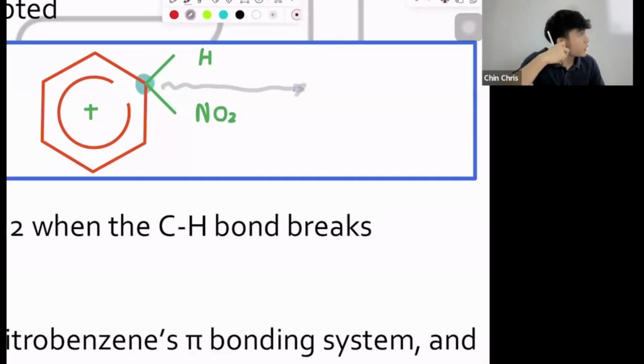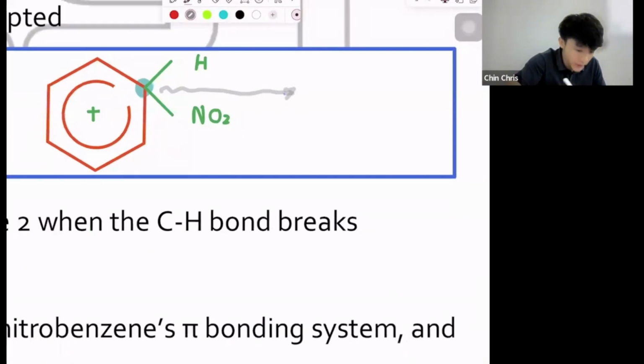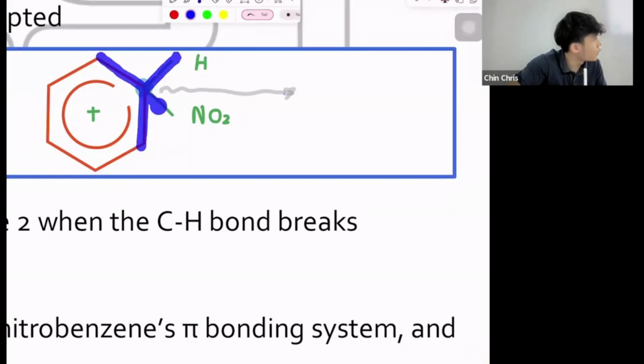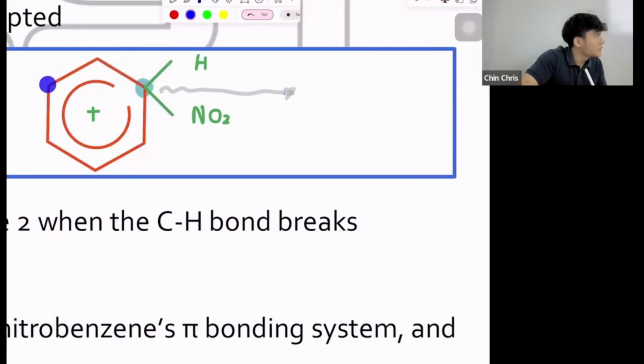It's no longer sp2, right? It's sp3. Can you see why? You see 1 sigma, 2 sigma, 3 sigma, 4 sigma. The remaining other carbons are sp2 except for this carbon here.